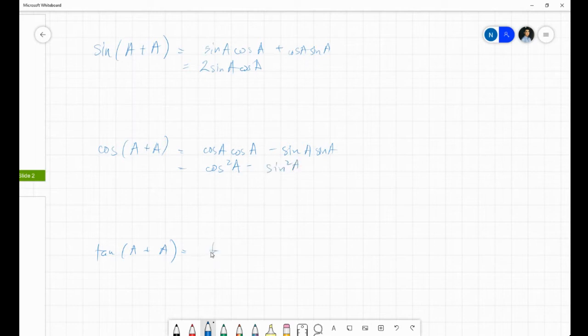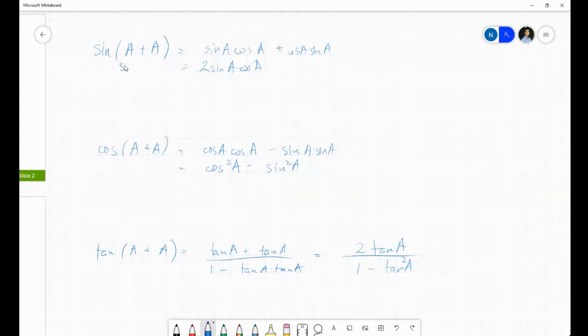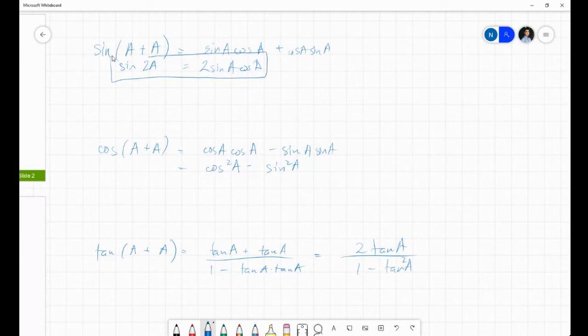For tangent, we have tangent A plus tangent A over 1 minus tangent A times tangent A. So we get 2 tangent A over 1 minus tan squared A. All right, so these are 3 new formulas. They're called double angle formulas that you will have to add to your list to memorize.